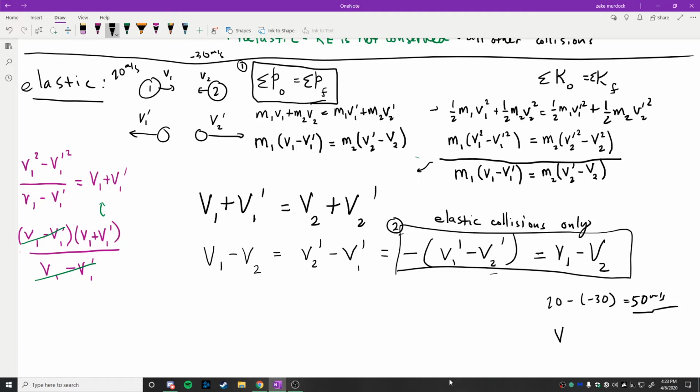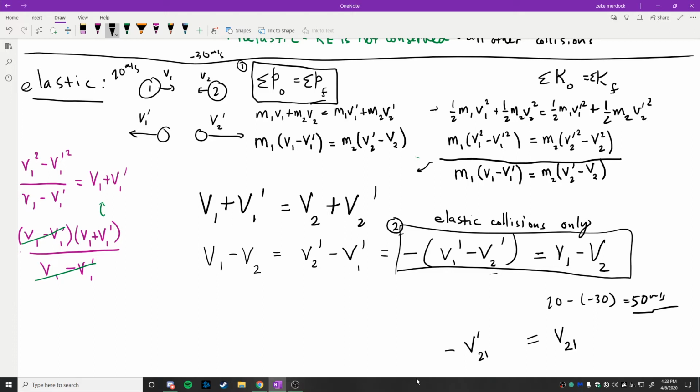We call this the velocity of ball 2 with respect to ball 1, right? And the left-hand side of the equation is negative the velocity of ball 2 with respect to ball 1, right? But this is after the collision. Does that make sense?